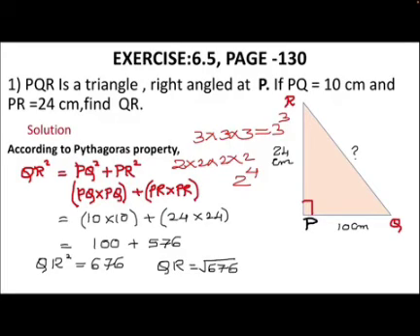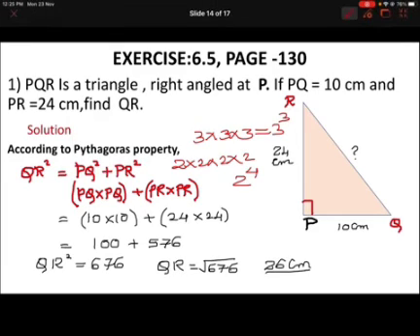What is 26 to the power 2? That is 676. So QR equals 26 centimeters. Now this measurement, that is the hypotenuse, is 26 centimeters.